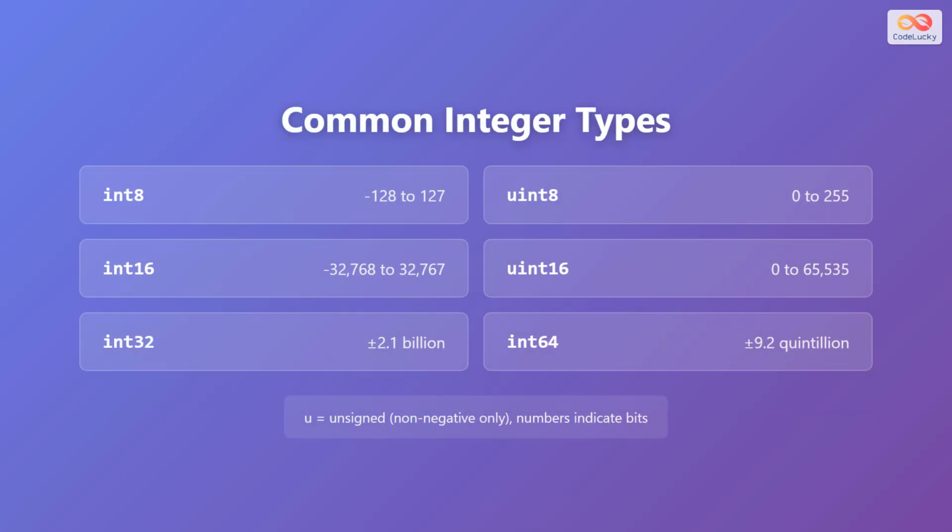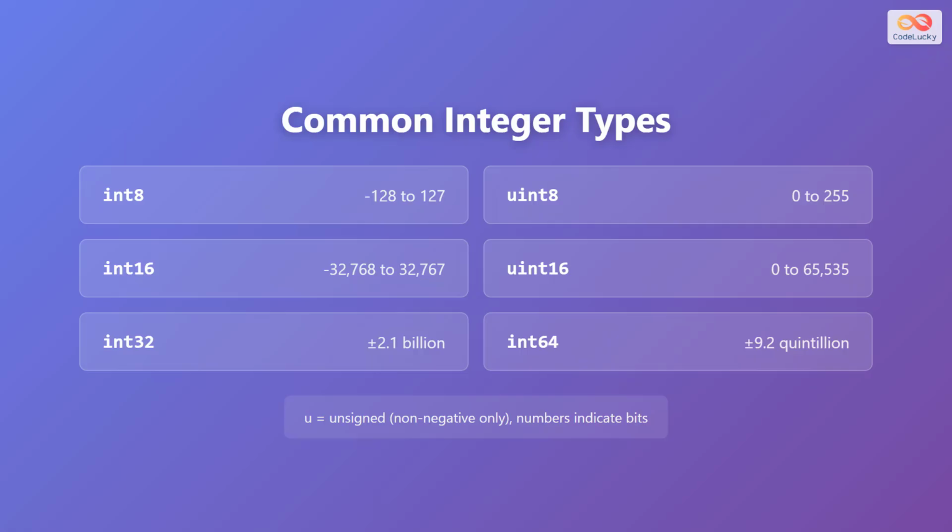NumPy offers several integer types with different ranges and memory footprints. Int8 stores values from -128 to 127. Uint8, where U stands for unsigned, stores only non-negative values from 0 to 255. Int16 ranges from -32,768 to +32,767.